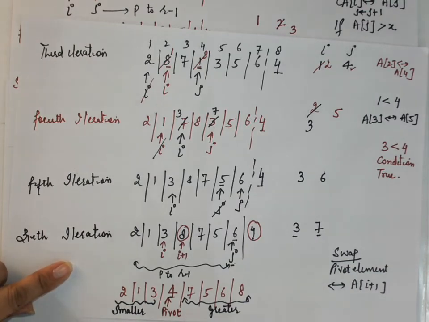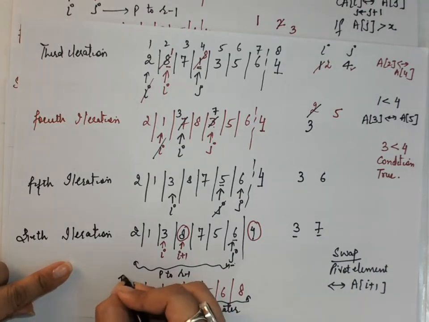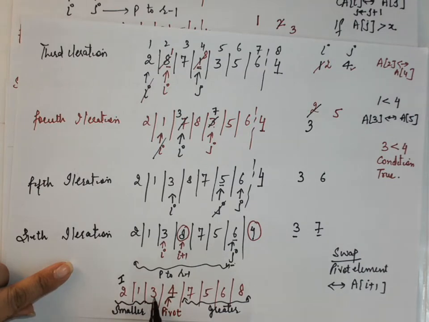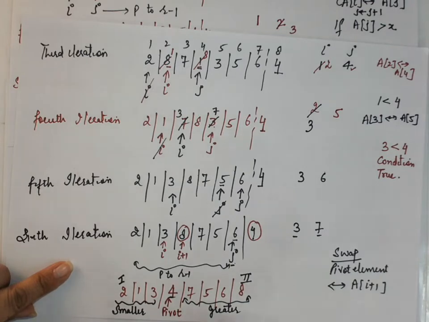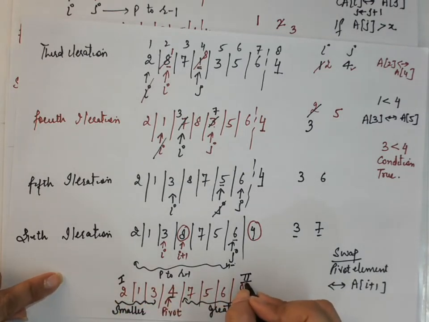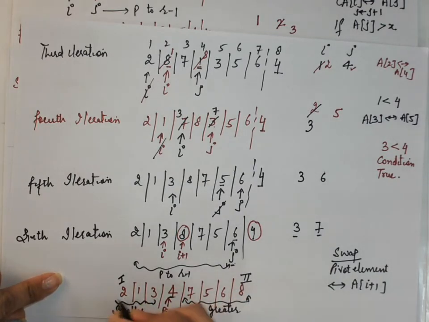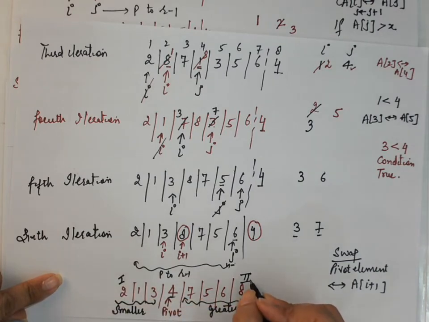Now we have two lists: one which contains 2, 1 and 3, and another list that contains 7, 5, 6 and 8. As it is a recursive procedure, the same procedure will run on these two lists, list number 1 and list number 2.